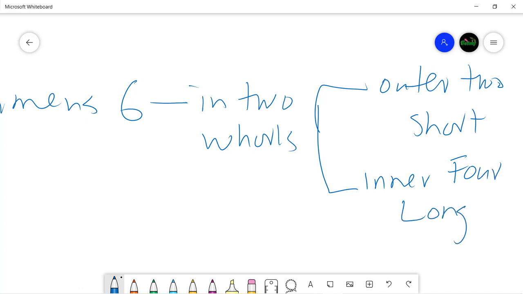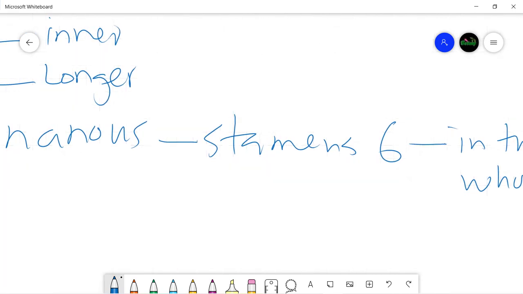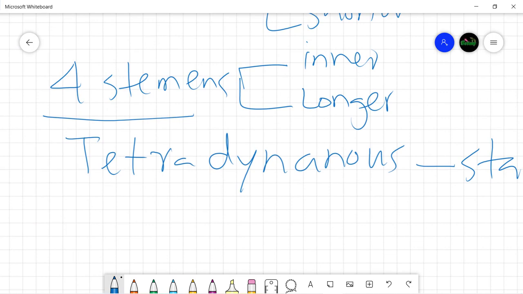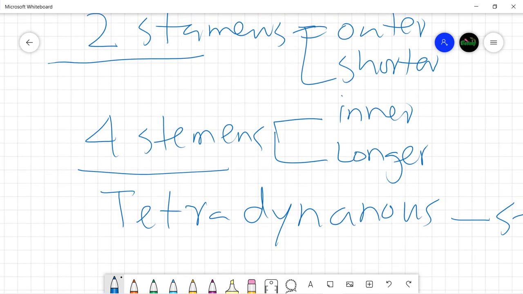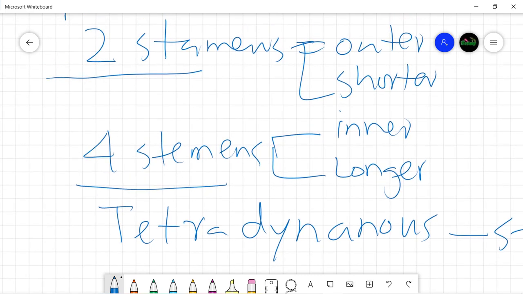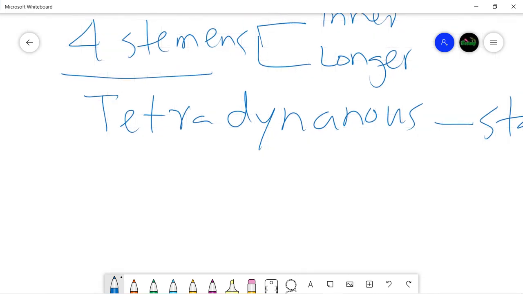So this is what we call tetradynamous condition in family Brassicaceae, or generally the tetradynamous condition is such, and this is a characteristic feature or diagnostic feature of the family Brassicaceae, tetradynamous.